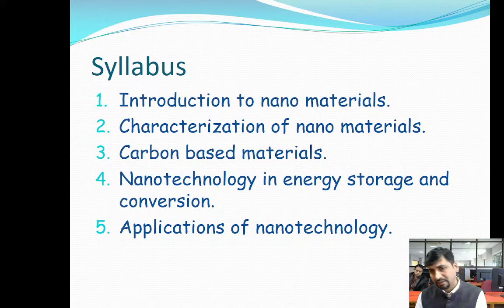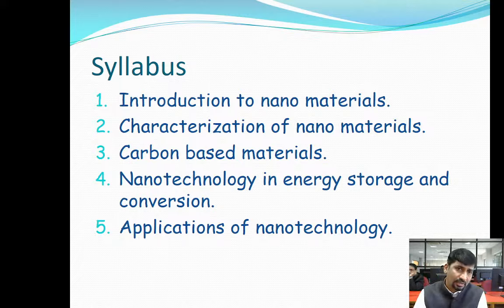Conversion involves solar cells, dye-sensitized solar cells, quantum dot sensitized solar cells, which use nanomaterials to convert light energy into electrical energy. There are some problems with silicon-based technology because it's very costly compared to nanotechnology solar cells. But we have not yet reached that conversion efficiency, though we can still develop these things in our laboratories.